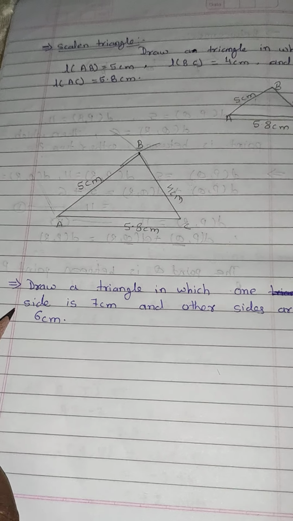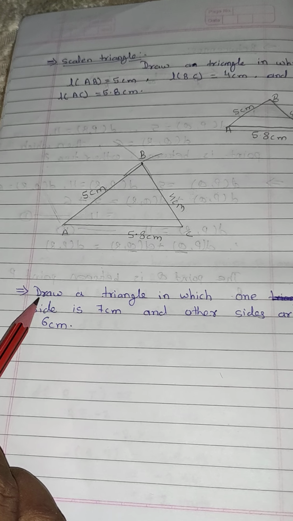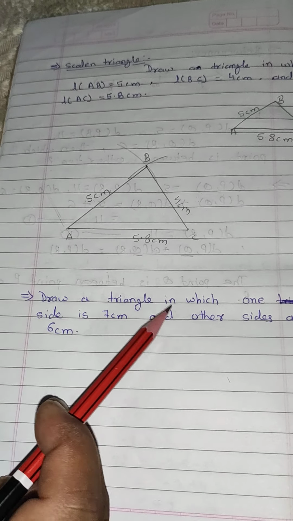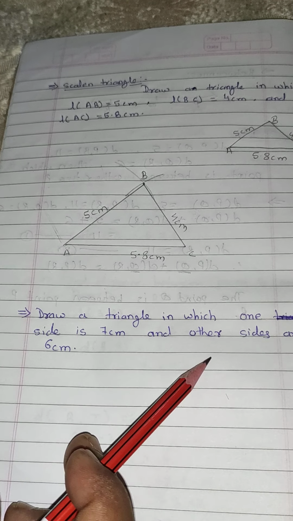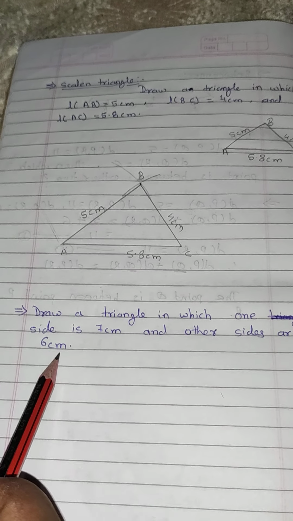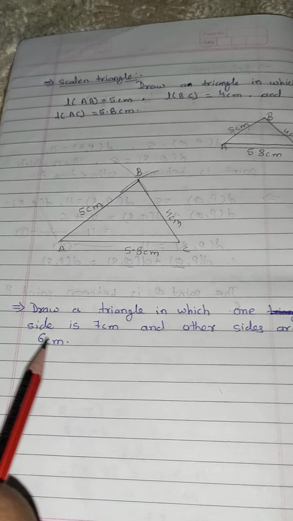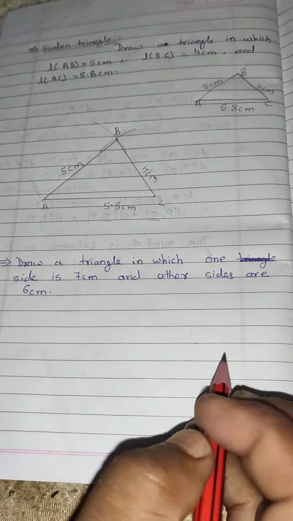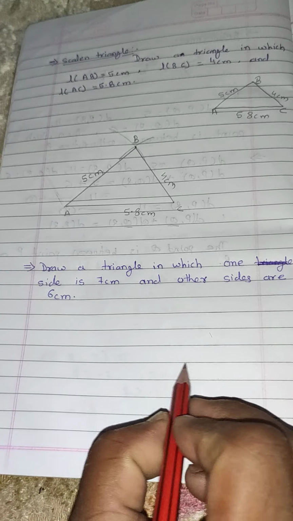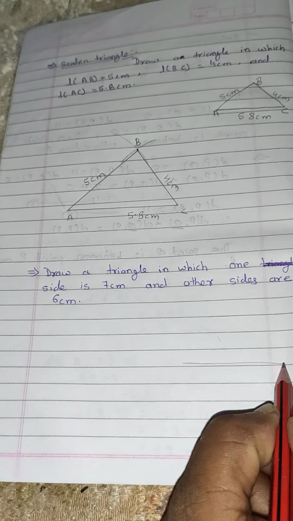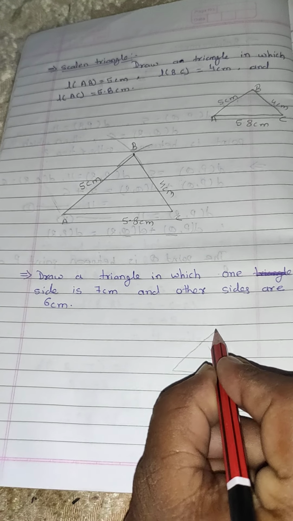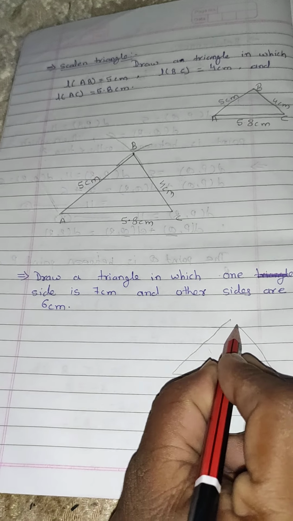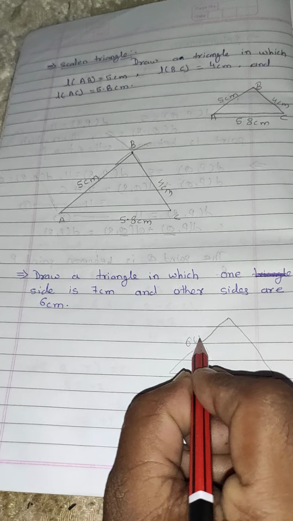Okay students, now come to the next one. Again, one question is there: draw a triangle in which one side is 7 centimeter and the other two sides are 6 centimeter. For that also we draw the rough diagram. The largest length is 7, and the other two sides are 6 centimeter.